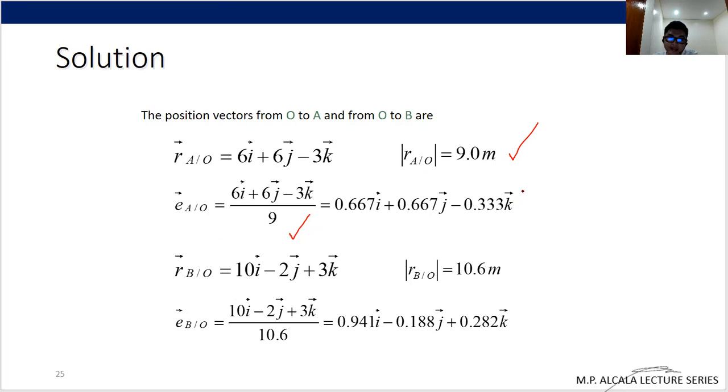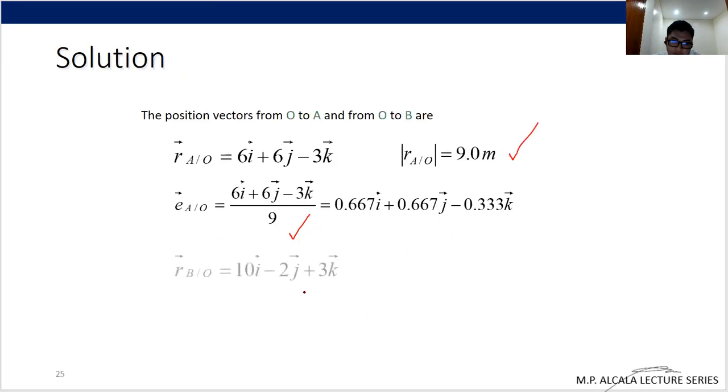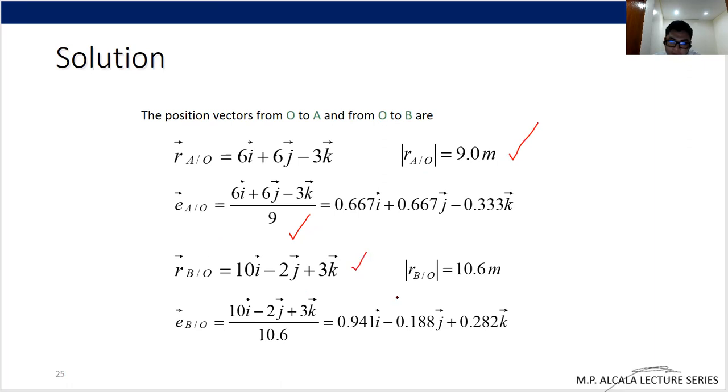So multiplying this, or rather, sorry about that, we will get here the position vector B to O. So this one, right? 10 minus 0, negative 2 minus 0, and 3 minus 0. So ito yan. And then getting its magnitude by the Pythagorean theorem, and then dividing this by its magnitude will give us the unit vector.